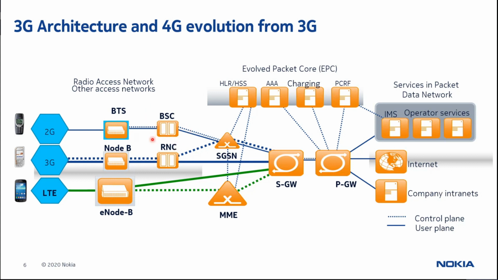When it came to 3G, a decision was taken not to overload the SGSN with all the user plane information. So the RNC rather had a direct connectivity towards the SGW for user plane purposes.